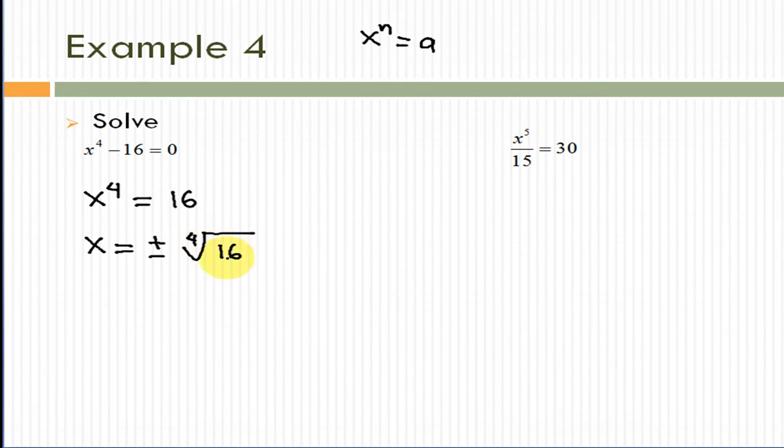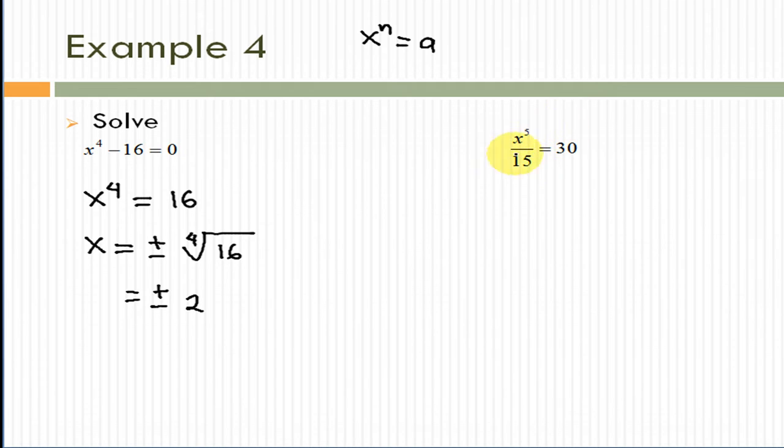If you want, you can simplify this expression a little bit. We know that the fourth root of 16 is 2, so plus or minus 2.